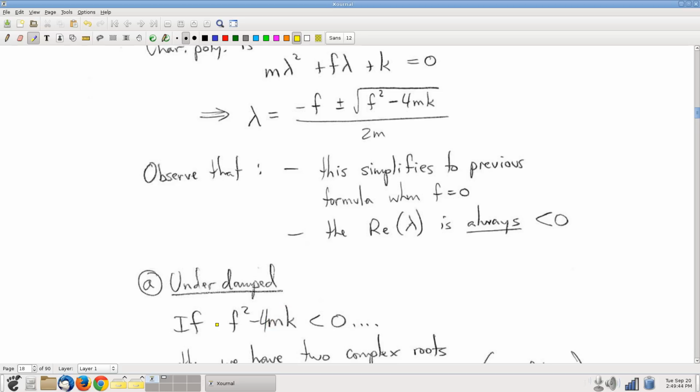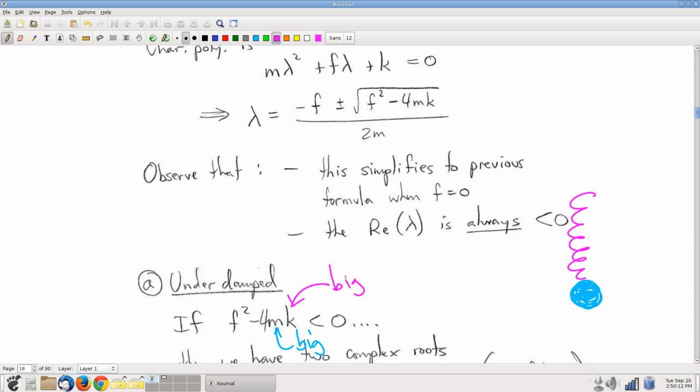Now, we weren't visualizing things that way in the first place. In the first place, we were imagining a cannonball, thus making m big. A very heavy cannonball attached to some sort of a strong spring here, thus making this value big.